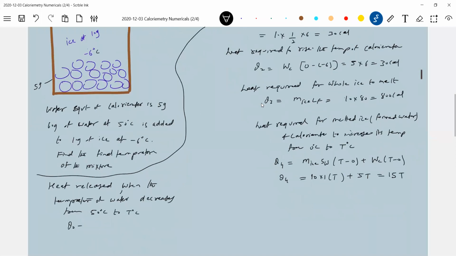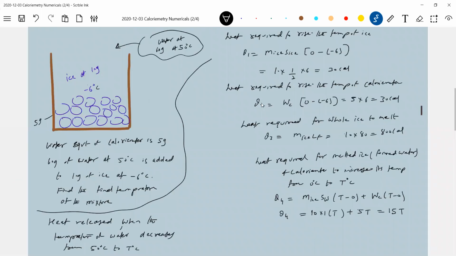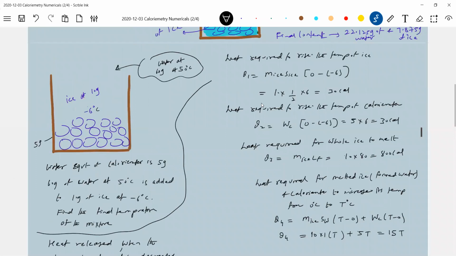Heat released, so let me take initial minus final. Mass of water is how much? 60 gram. Specific heat of water 1.